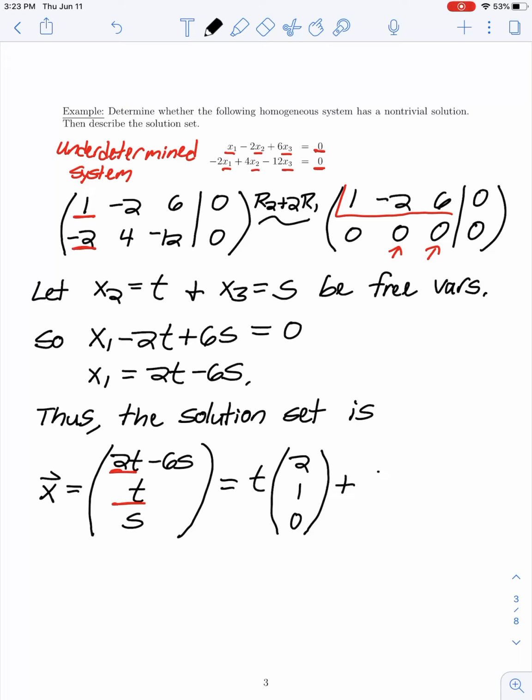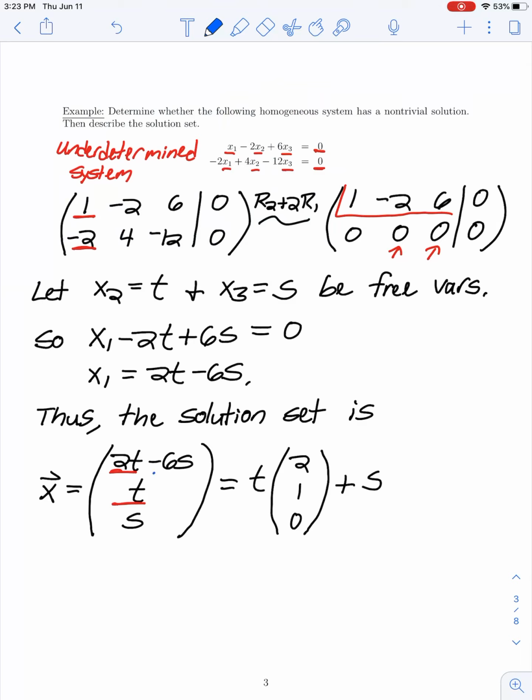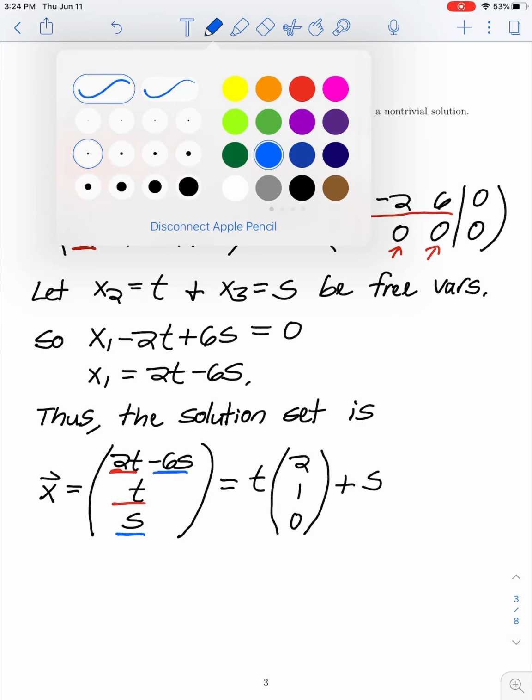And then we are adding the components of the variable s. So for s, for our first component, we had a coefficient of negative 6s. For the second component, there was no s. And for our third component, we had 1s.